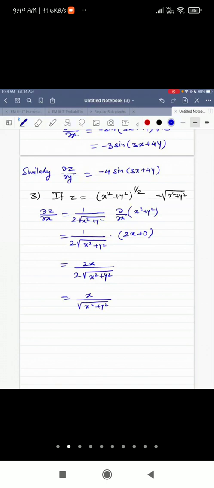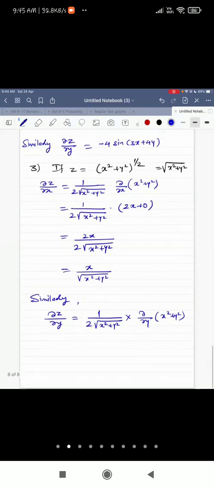Okay. Now, similarly, dabba z by dabba y. What will be the value for dabba z by dabba y? Again, it is root of x square plus y square. So derivative will be 1 upon 2 root x square plus y square into, now it is dabba by dabba y of x square plus y square, right?